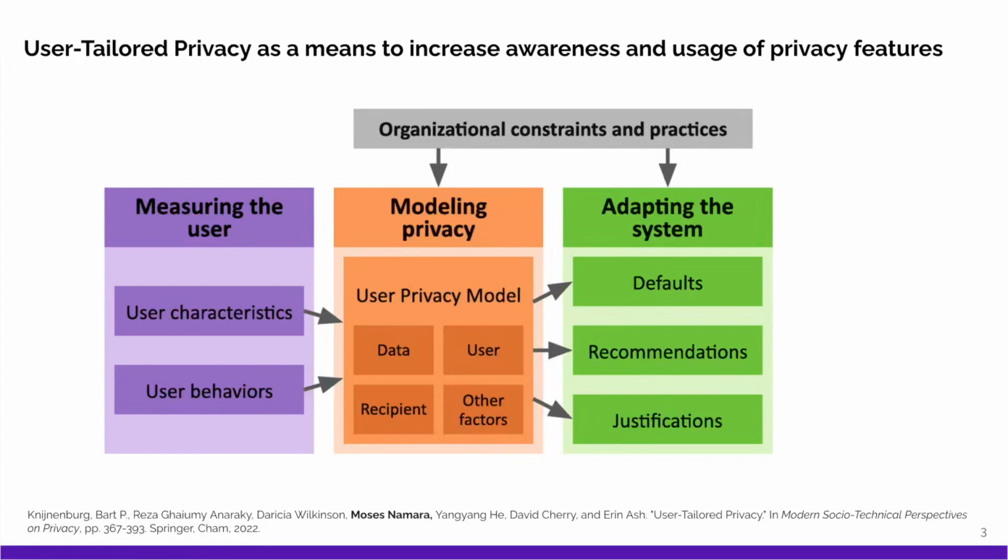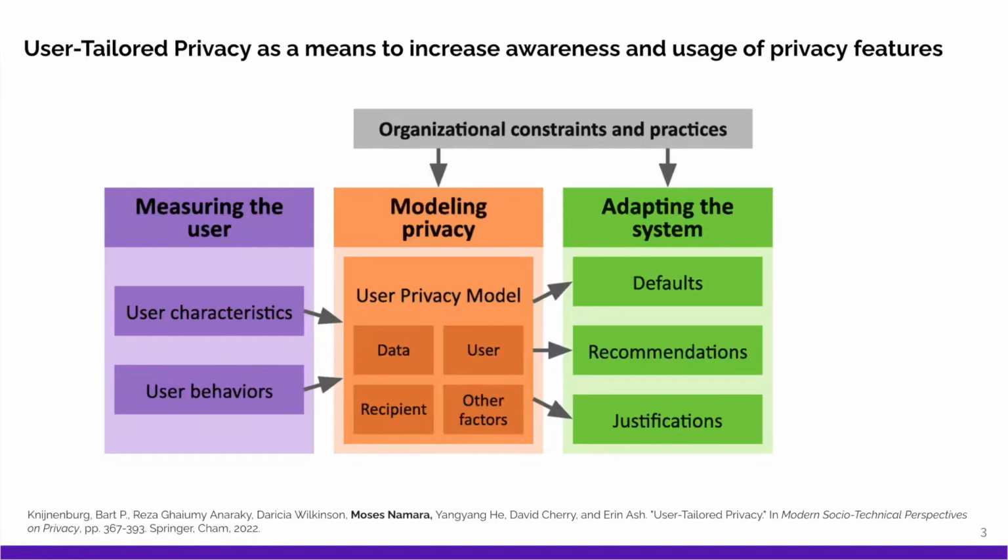So basically the idea being that we can learn about the user's behaviors or characteristics and use those to come up with models that we can then apply and help users in their privacy decision making process, most especially in application of the privacy controls on most of these sites.